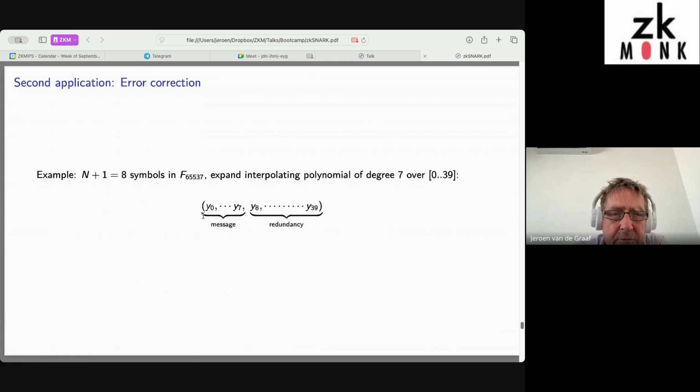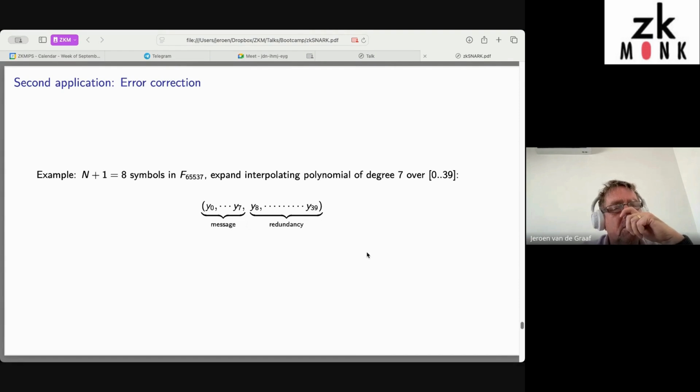I have my message, which consists of 7 words of 16 bits, and I'm going to interpolate a polynomial going through all these points, and then compute all the values of the polynomial at x equals 8, and so on. It gives me as a result y of 8, y of 9, up to y of 39.